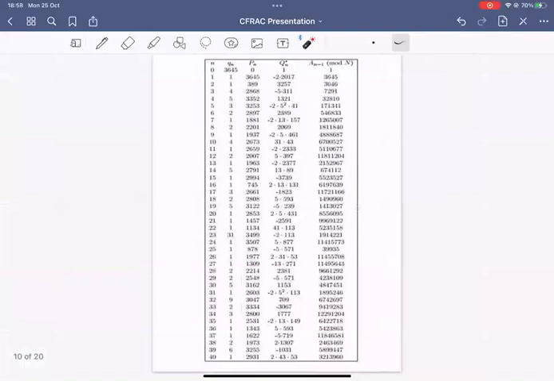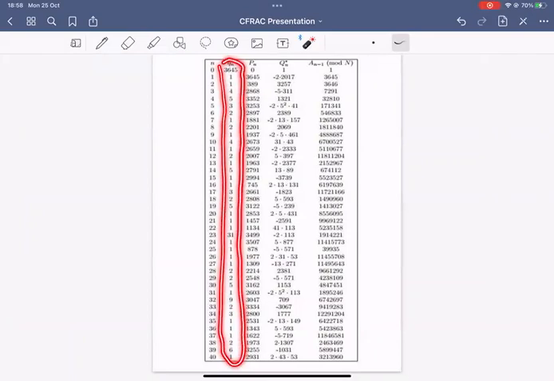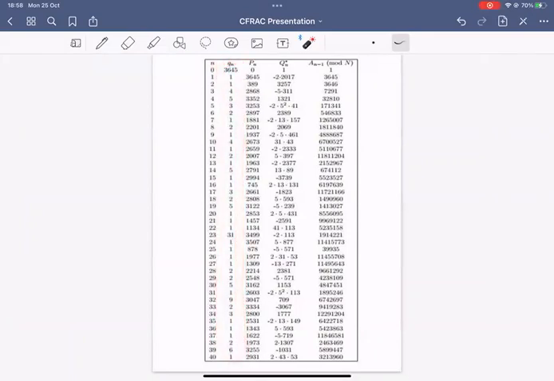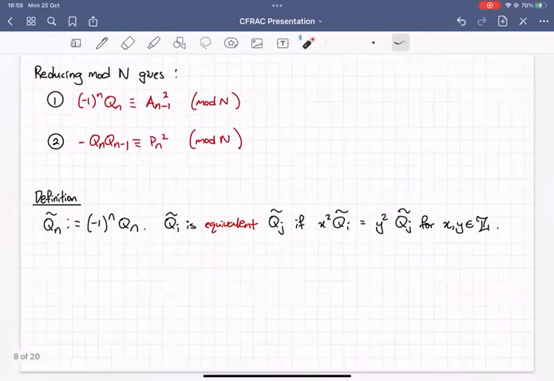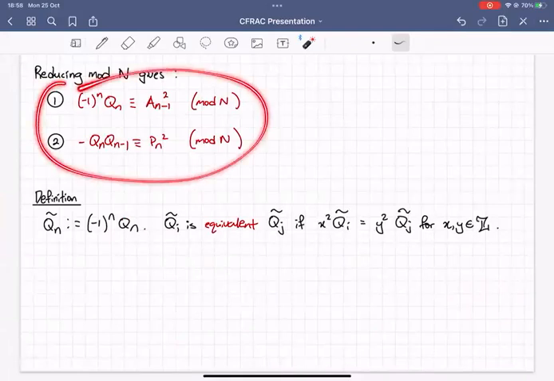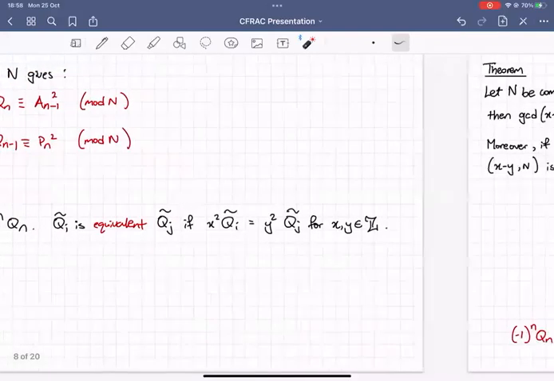Oops, so you get this long. I've calculated the first 41 terms, and here are the Pn, and this should be a Qn tilde, and here's the An minus 1 mod n, which have all come from these two equations here.